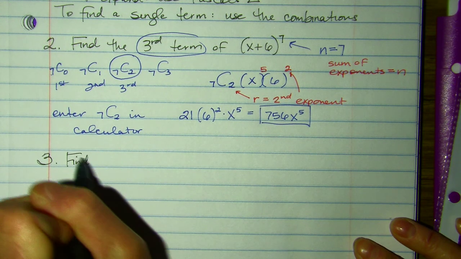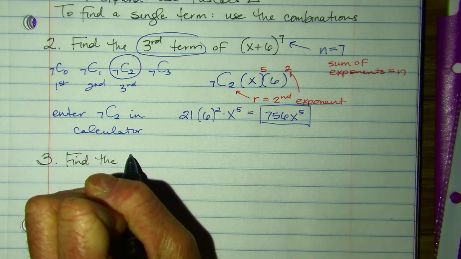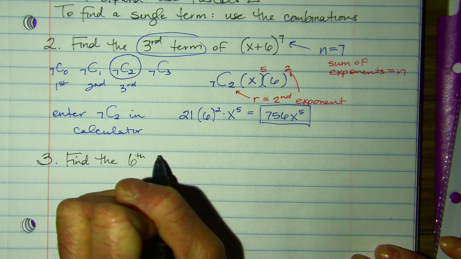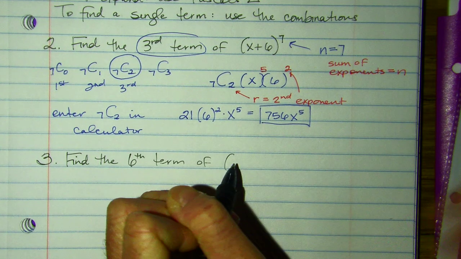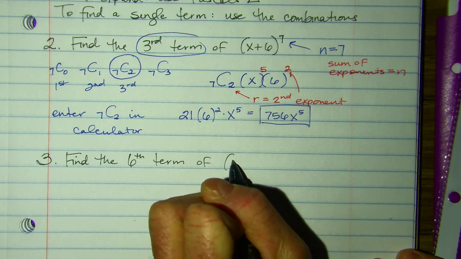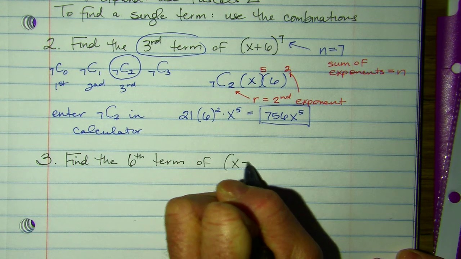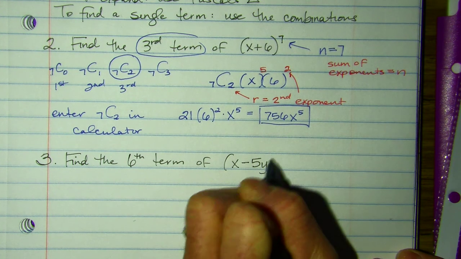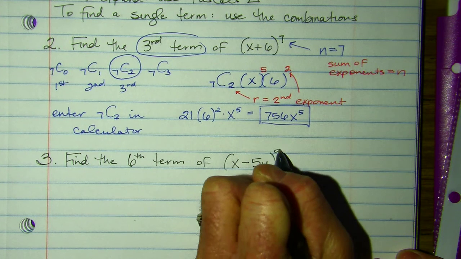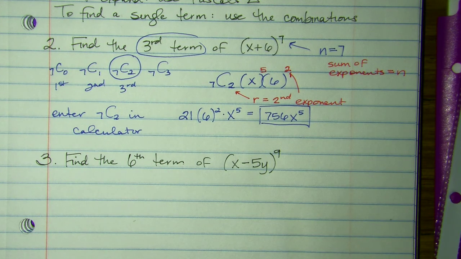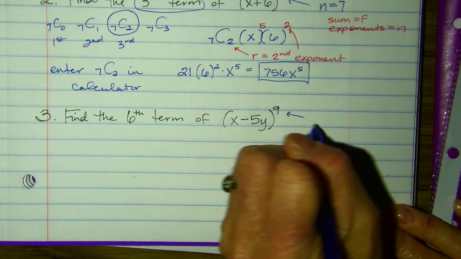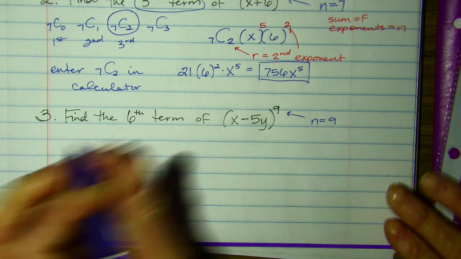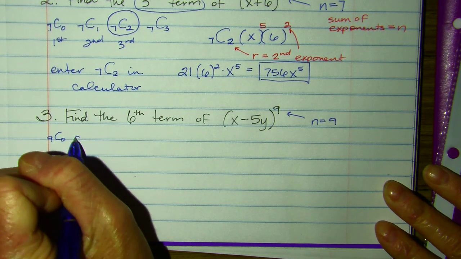Find the 6th term of x minus 5y to the 9th. Woo! Crazy. So I know that n equals 9. So 9C0, 9C1.